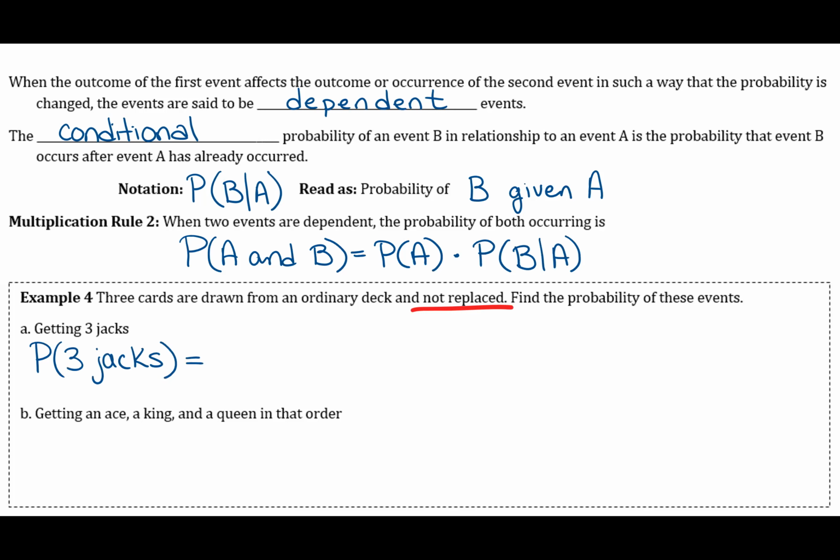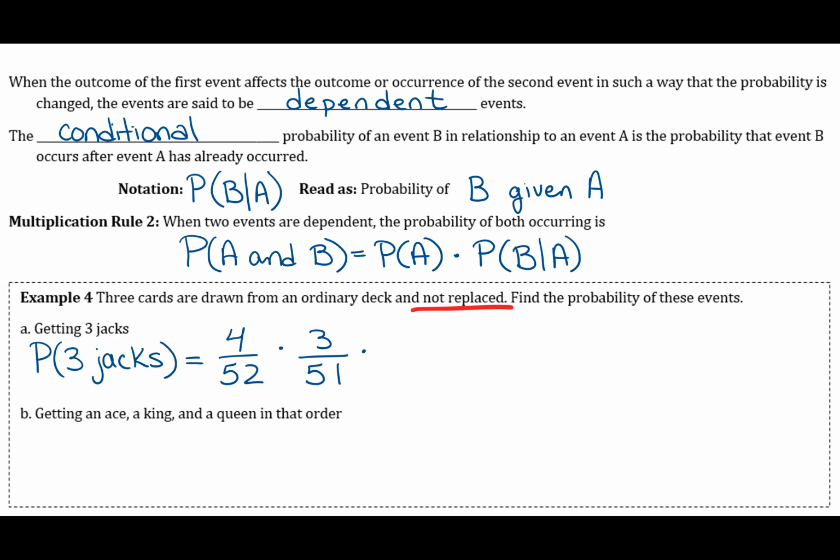Okay, now we're not replacing that card, so I'm assuming that I picked a jack and I'm holding on to it. Now I pick another card out of that deck. What's the probability that it's another jack? Well, now there's only 3 jacks left, and how many total cards are there? 51. So now your probability is going to be 3 out of 51 for getting the second jack.